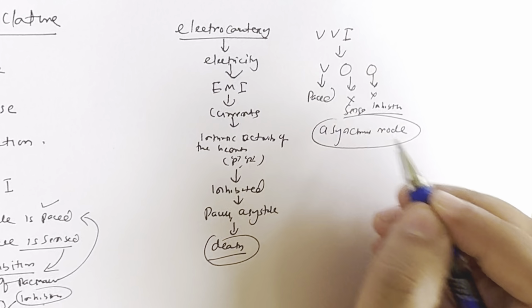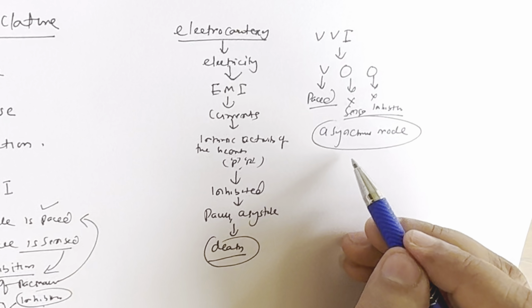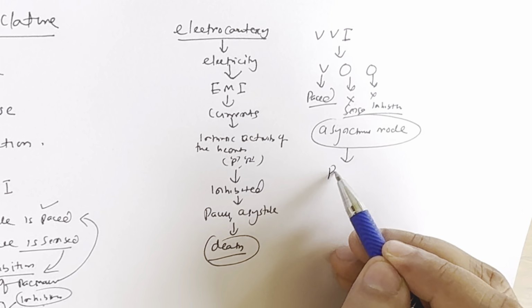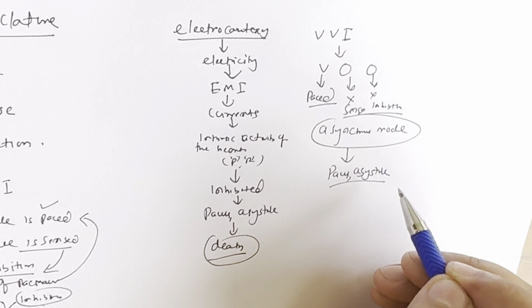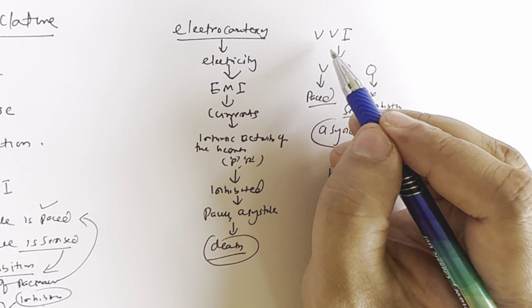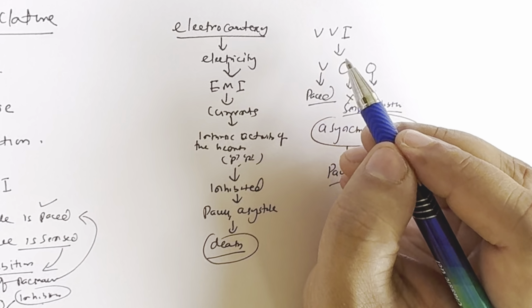What does that mean? There is no sense, there is no inhibition. So whatever the current, whatever the activity of the heart, it is immaterial. The pacemaker is going to pace at the rate at which you have set. So there is no question of pause or asystole. So it is very, very important to change the setting from VVI to VOO.